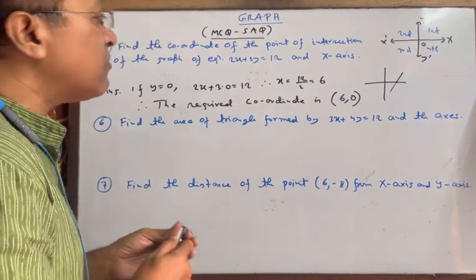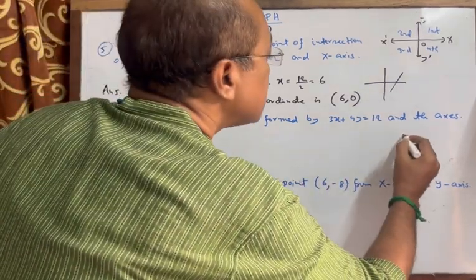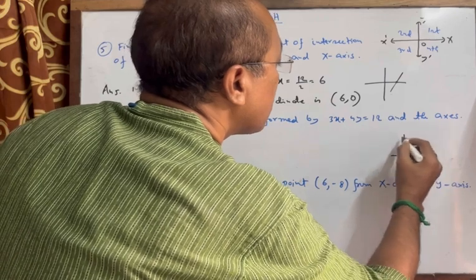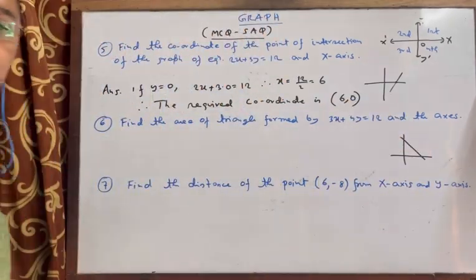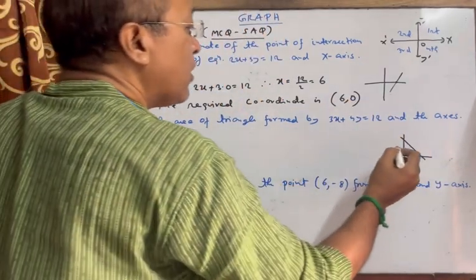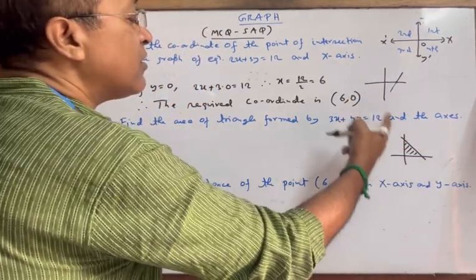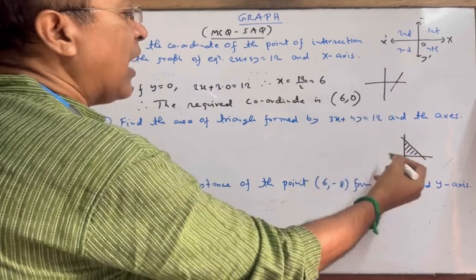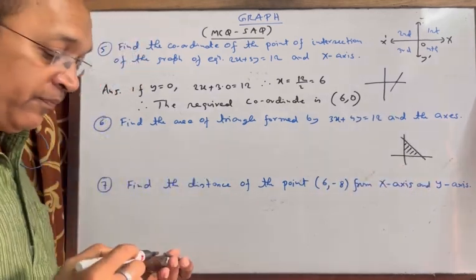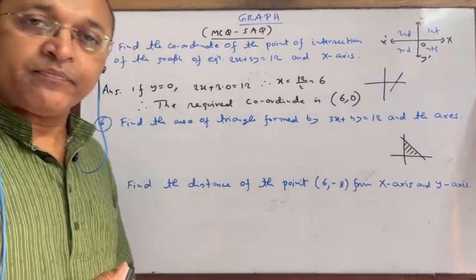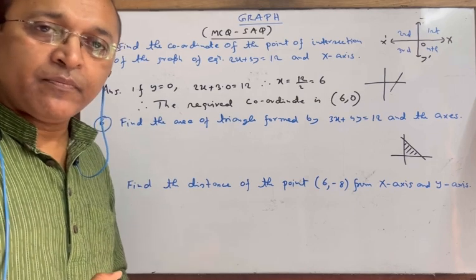The diagram will be like this. We have to find the area of this triangle formed. This one is supposed to be the equation and these are the axes, all of you know. Very interesting problem.